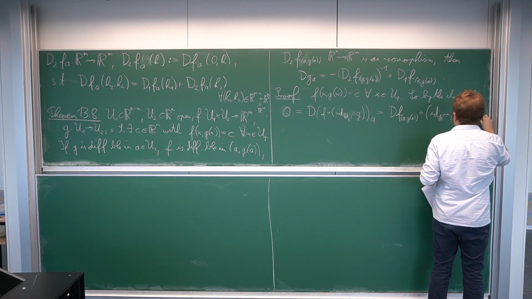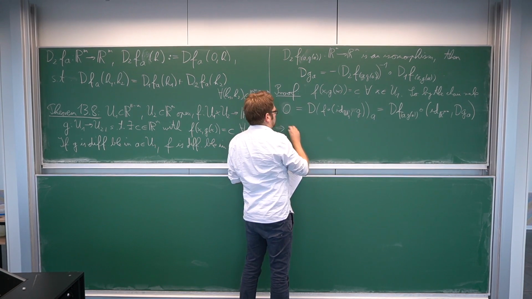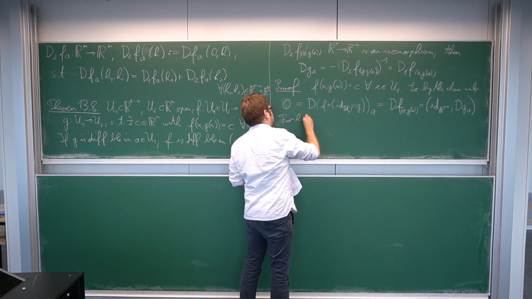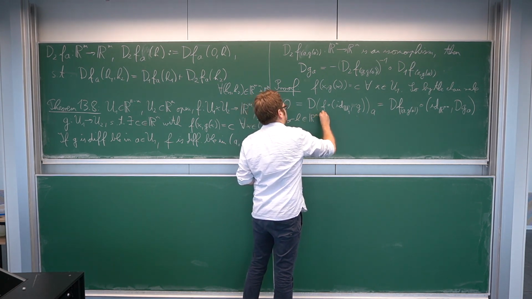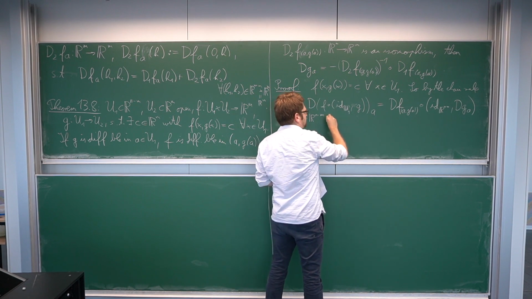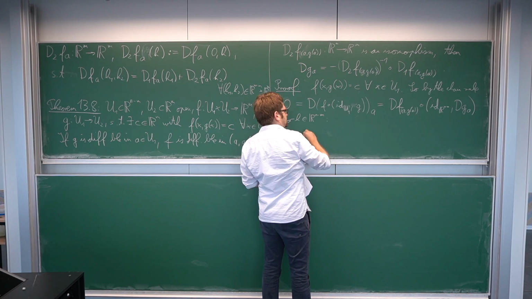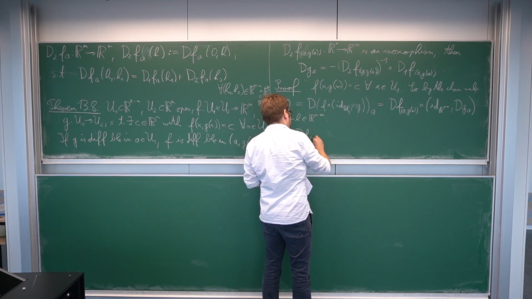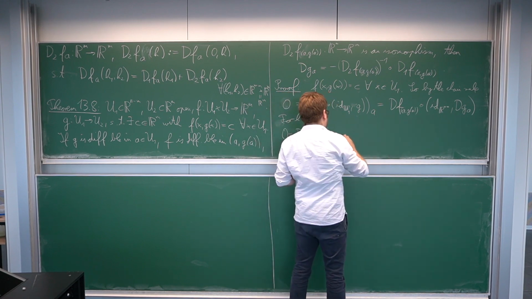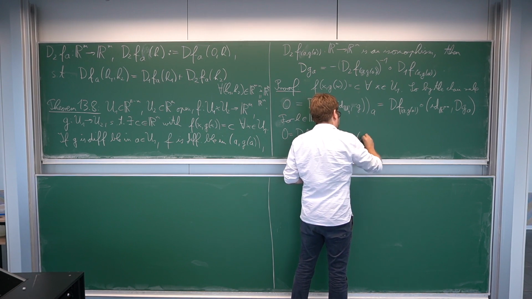Okay, but this means that if we insert some vector h in R^(n-m), we obtain that 0 is the same as df in (a, g of a) of (h, dg_a of h).